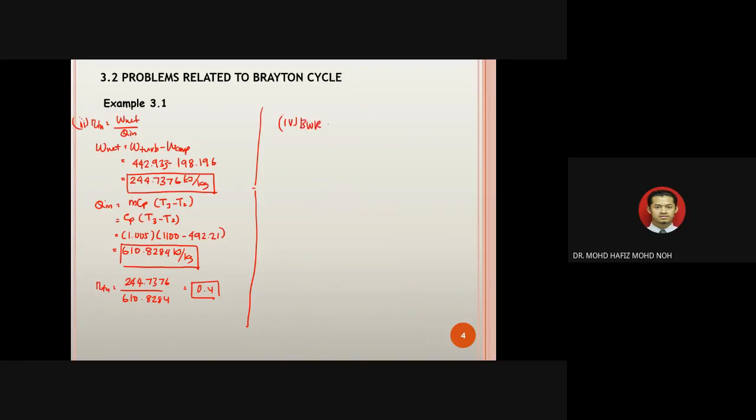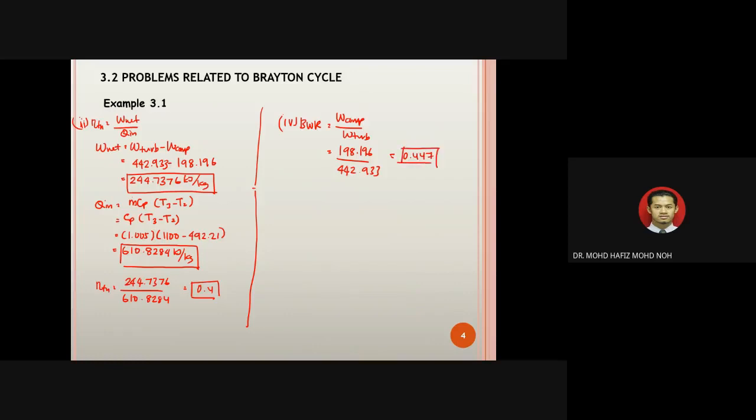So you simply divide the W compressor by the W turbine. In this case, W compressor is 198.196 divided by 442.933. So you get the back work ratio is 0.447, if not mistaken. Okay, clear?